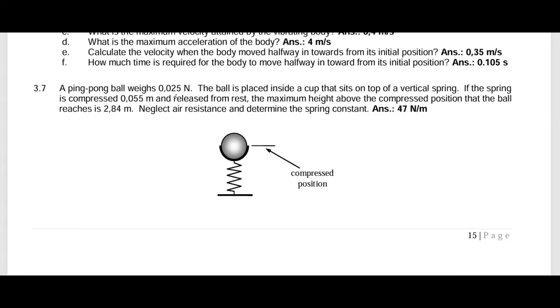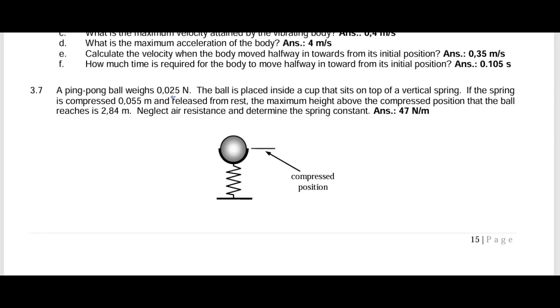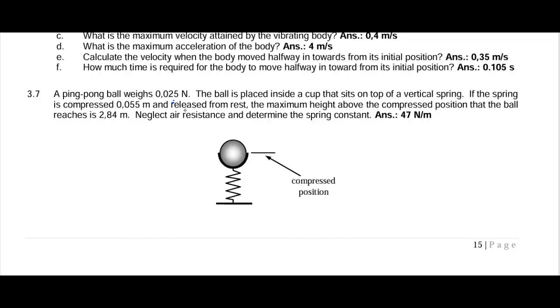This part here. From rest. So the maximum height above the compressed position that the ball reaches is 2.84.